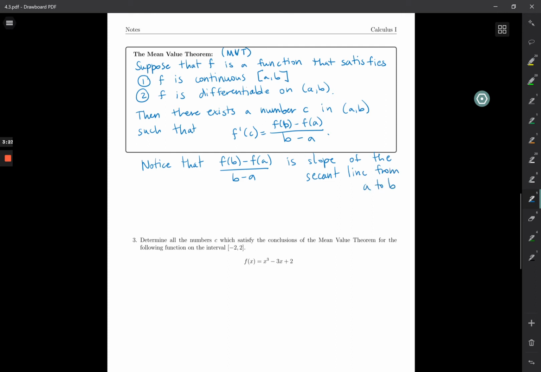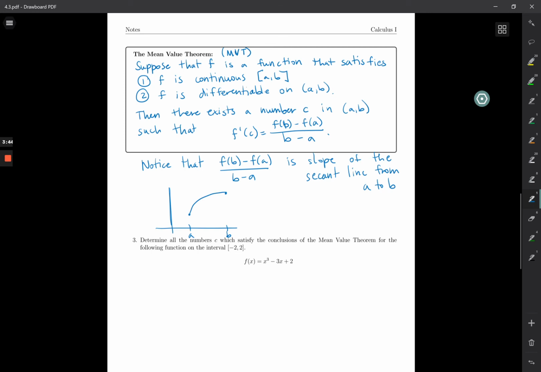Okay, so if we want to picture this, say I have a function on an interval a to b, and so say f of a is here and f of b is here, and my function looks something like this.